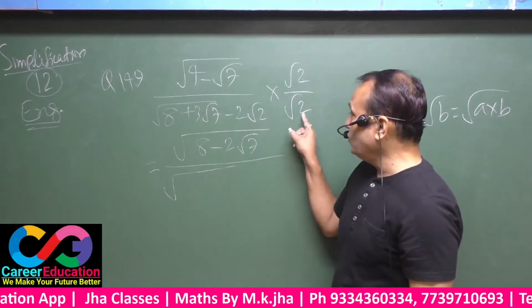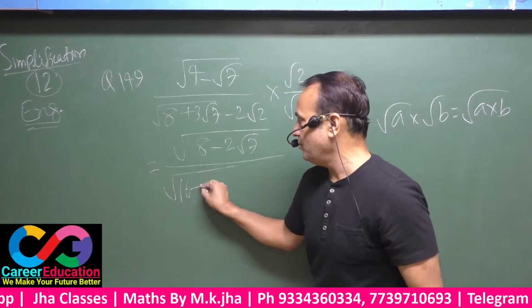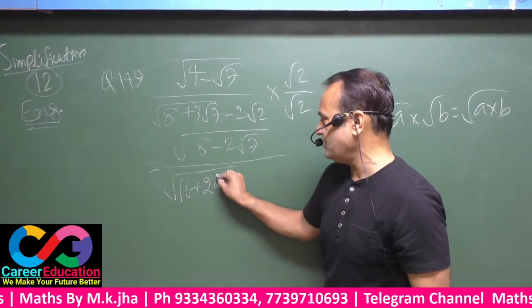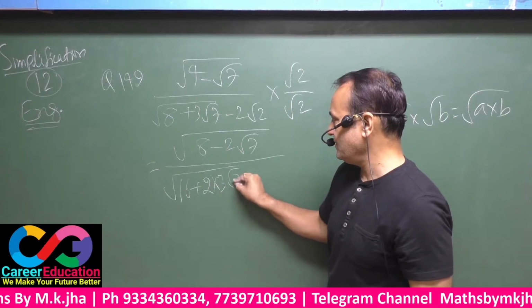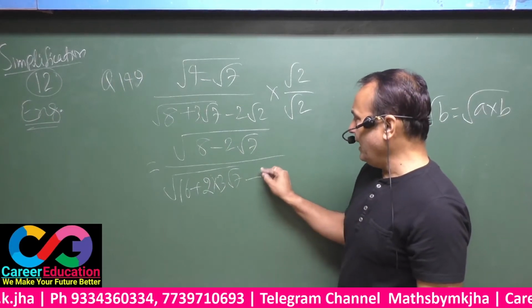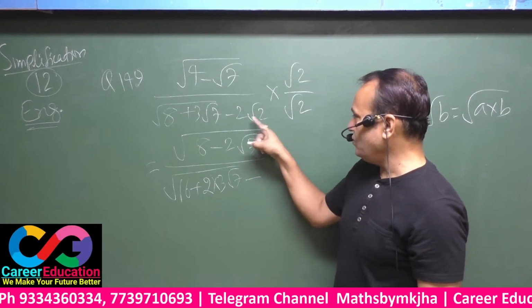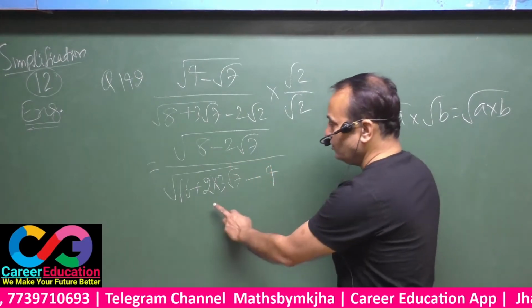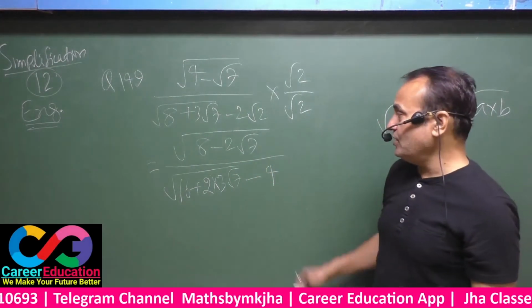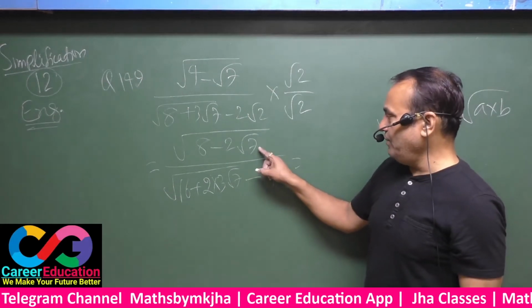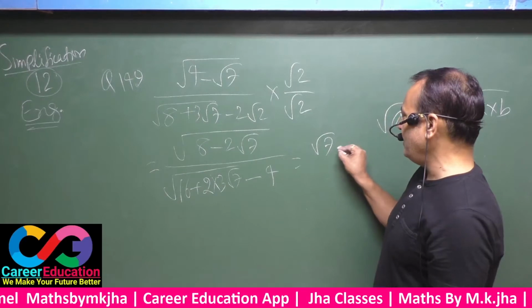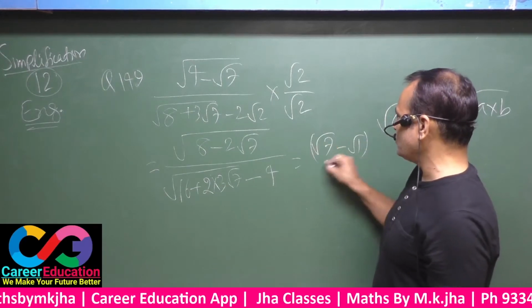See here, 2 into 8 is 16 plus 2 into 3 is 6, or I am writing just like this, minus this is 2 and 2 is 4. Now you see there is 2, there is 2. That means for this A will be root 7 and B will be 1. That means you may write root 7 minus root 1 whole square under root.